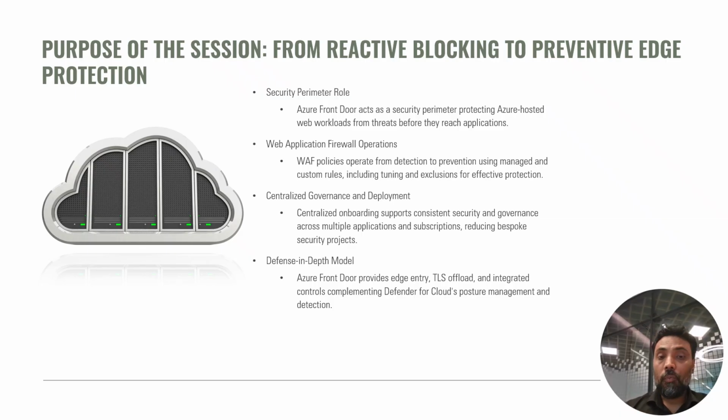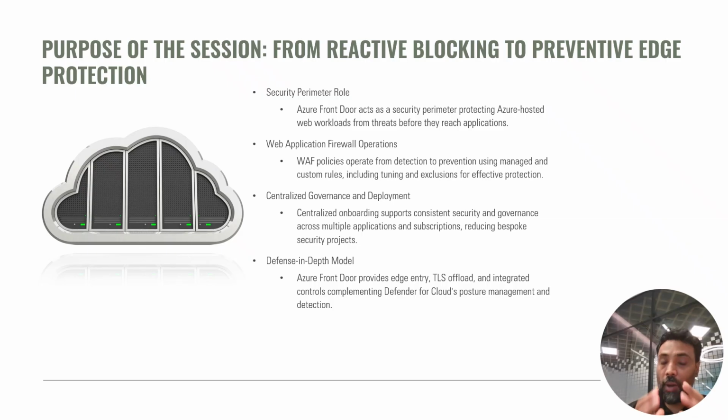With the help of Azure Front Door, you are changing your architecture and protecting your entire landscape, checking the incoming traffic on an edge location, not on your VNet location. And that's the improvement I'm talking about, right?